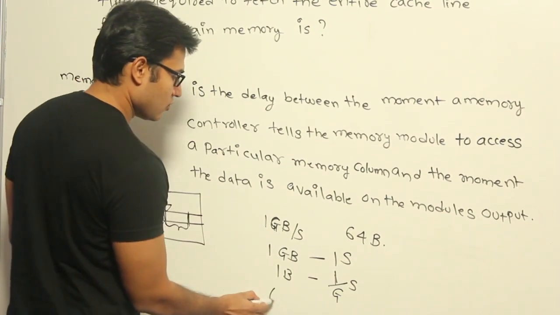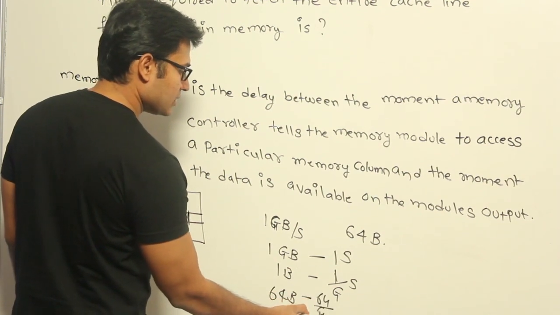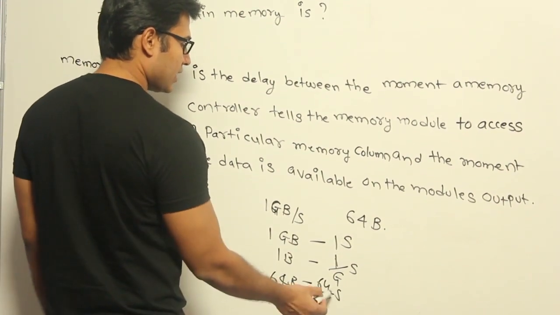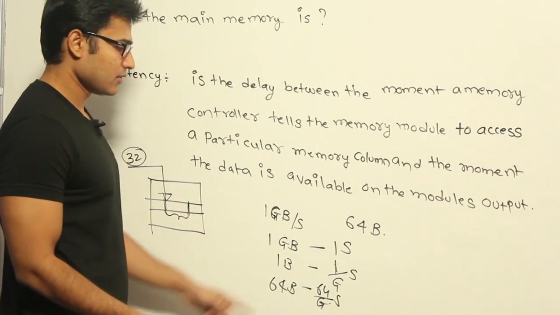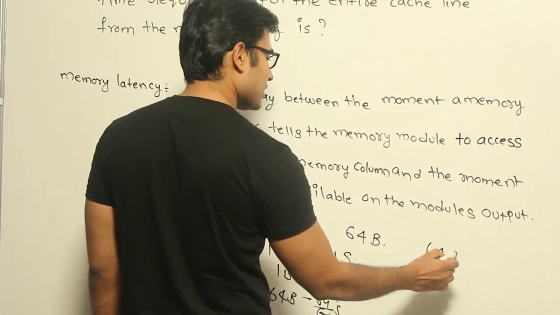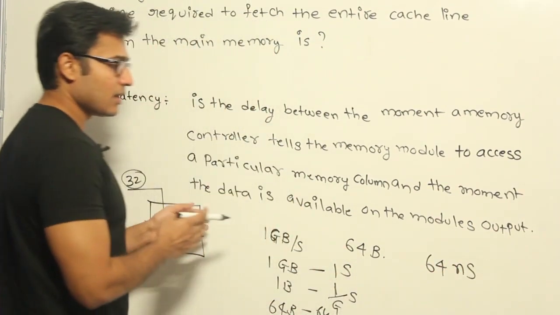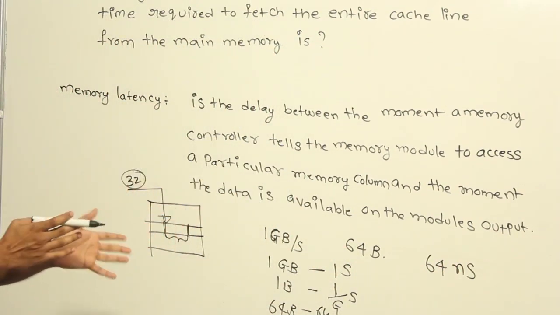And so 64 bytes can be transferred in 64 by G seconds. Now if you write G as 10 power 9, then it will be 64 nanoseconds. Therefore 64 nanoseconds is required to read the data from the memory.